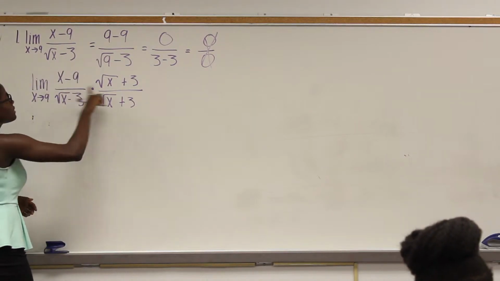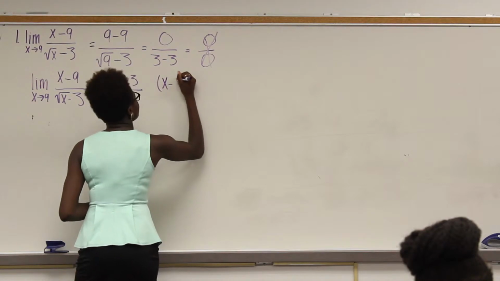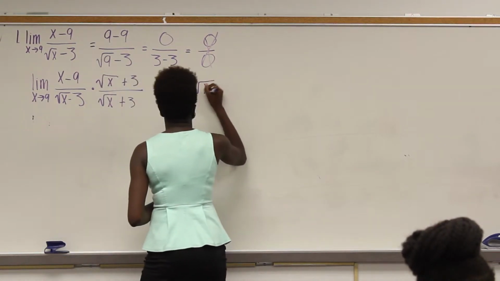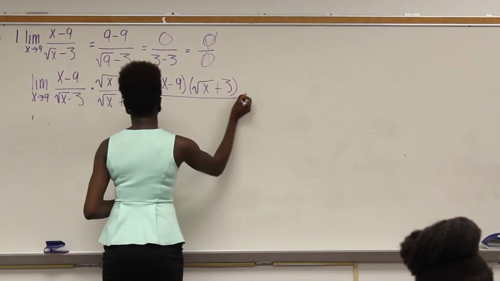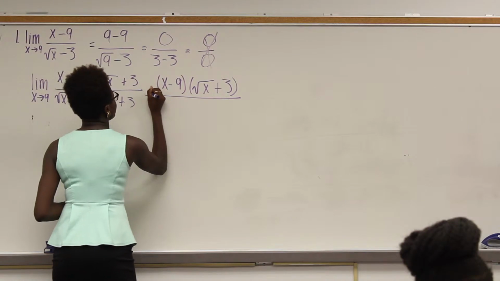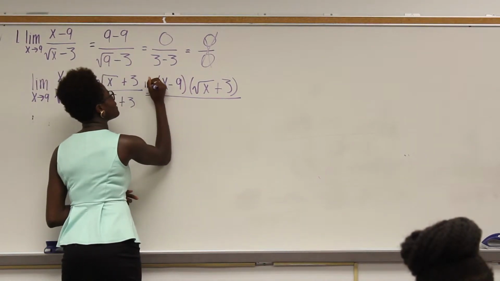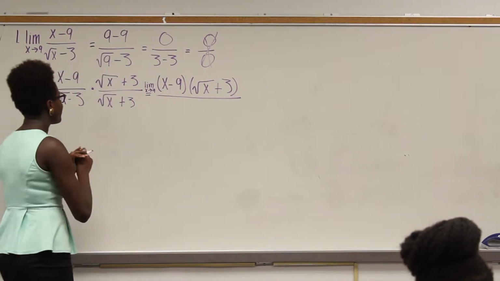And when you do this, you just keep what you have in the original function times this. Because you haven't plugged in anything yet, you want to keep your limit. Don't drop your limit yet.